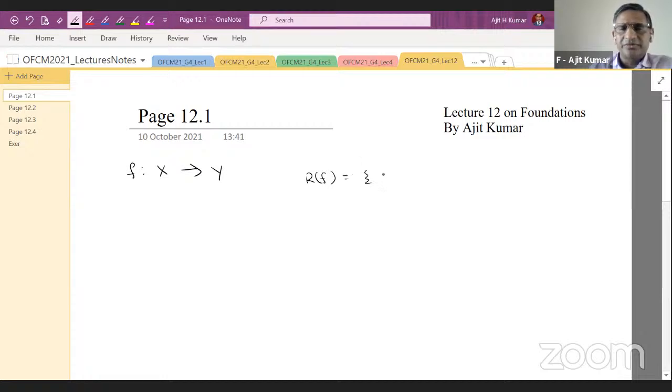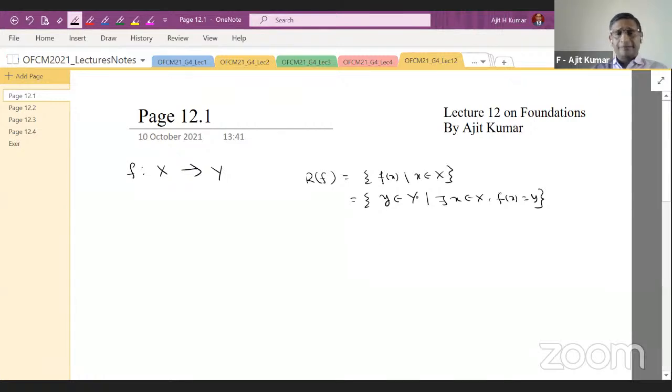We defined this as the set of all f of x such that x is in X, or this can be defined as the collection of all the elements in Y such that y is the image of some x in X, such that there exists x in X with f of x equal to y. This is how we defined the range of the function.